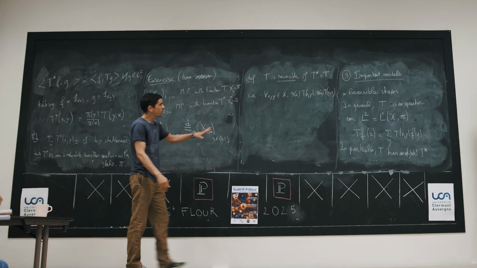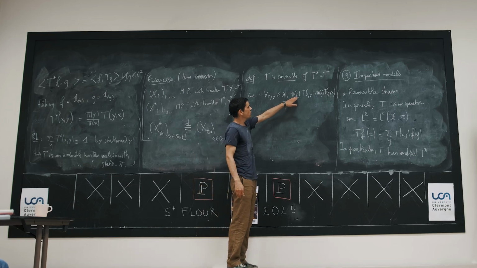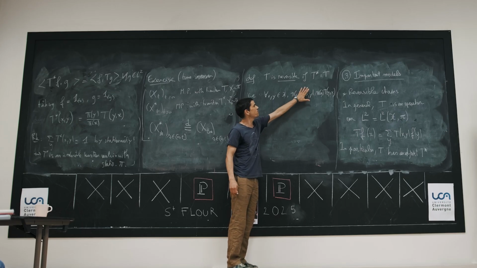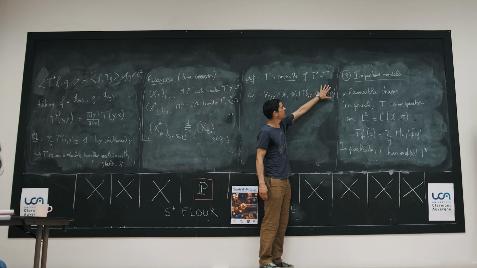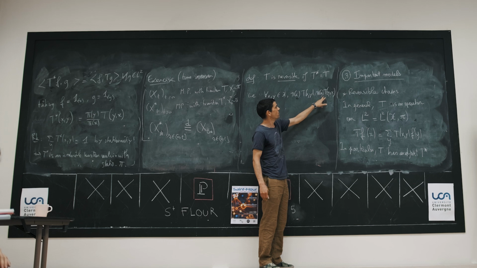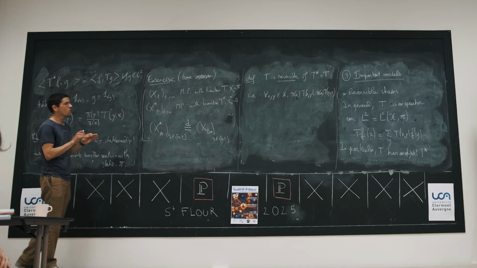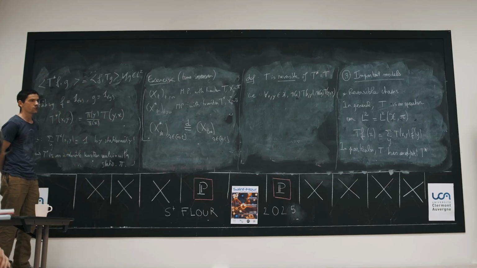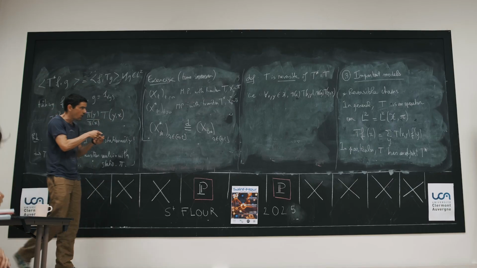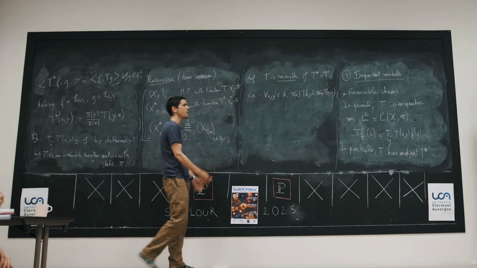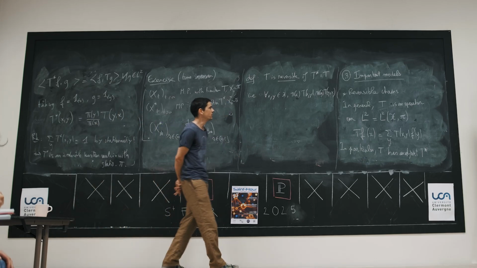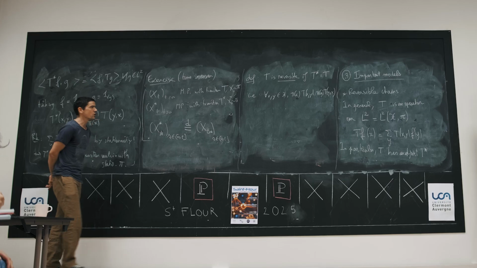By the way, this property actually implies stationarity. If you sum this identity over all y, here you will get pi of x, and so pi T will be equal to pi. So this equation can be viewed as a local version of the stationary equation. It's a stronger version. It holds locally along every edge instead of globally when you sum over all possible edges. So it's a powerful form of stationarity.